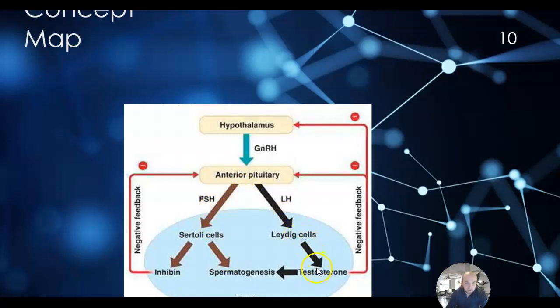Leydig cells produce testosterone and support spermatogenesis. Sertoli cells also support spermatogenesis, but they also secrete inhibin, which then causes the anterior pituitary to stop releasing FSH. And as testosterone levels rise, you have your negative feedback system, which stimulates the anterior pituitary not to release any more LH.